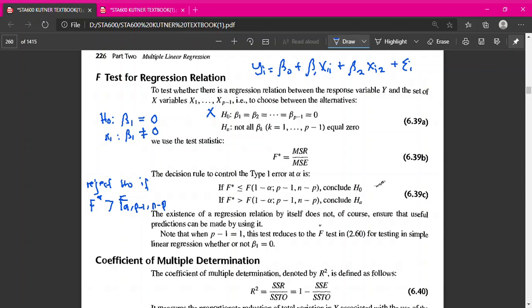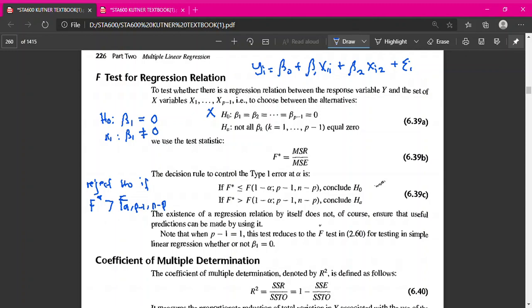So lepas ni kita akan check untuk t-test and so on. So first of all kena check dulu f-test sebab kita nak tahu whether our model is significant or not. If our model is not significant, no need for us to test untuk each of the independent variable. Okay, so because of that you kena test untuk f dulu. Kalau f-test is significant, it means that our model is significant or appropriate.